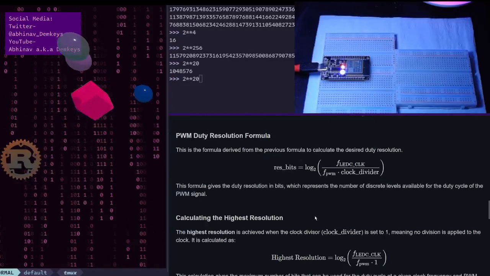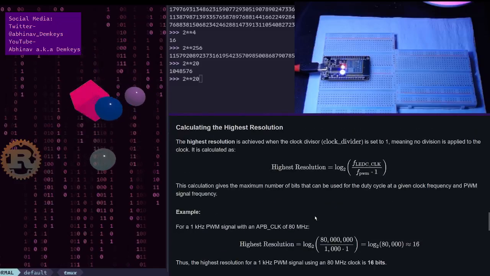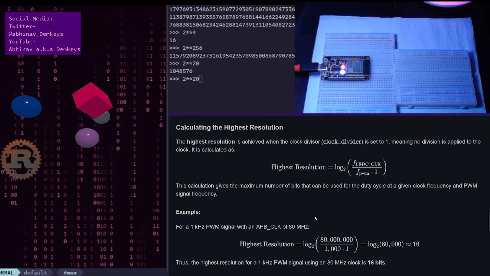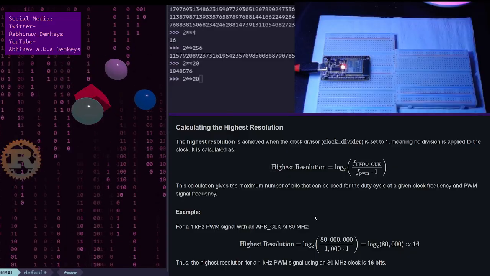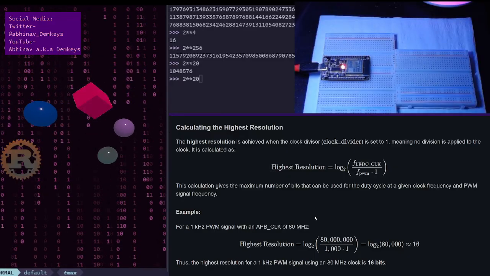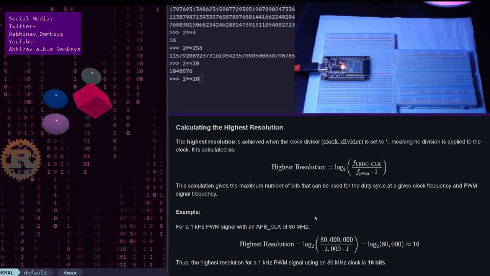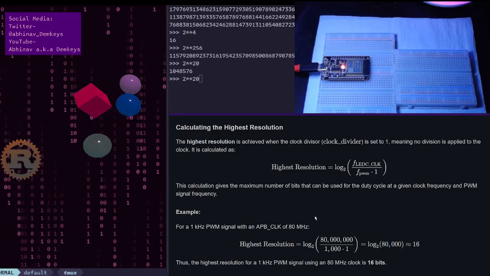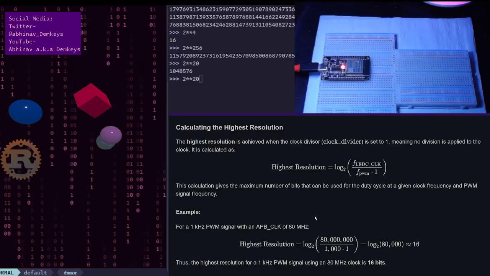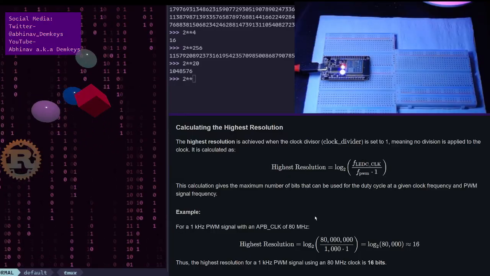So we got the duty resolution formula, then calculating the highest resolution. The highest resolution is achieved when the clock divider is set to 1, meaning no division is applied to the clock. It is calculated as log 2. Let's try this.